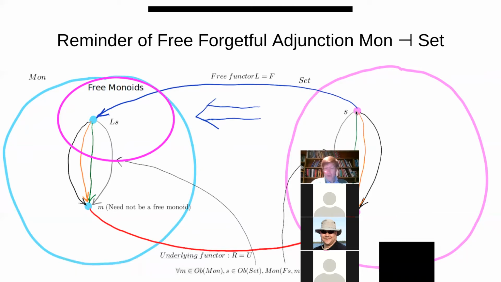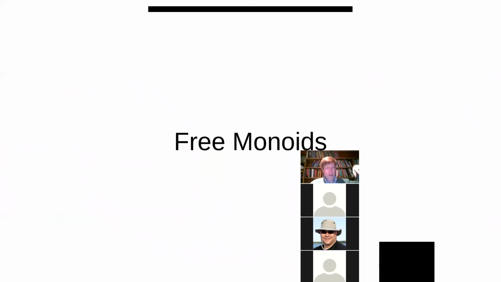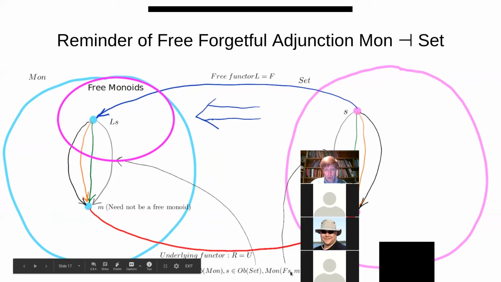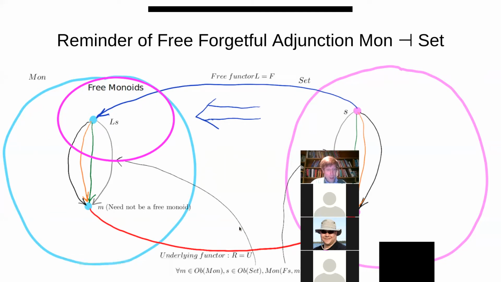If we pick any old set S, and any old monoid M in the category of monoids, then this property has to hold true. That's guaranteed by the rules of adjunction.